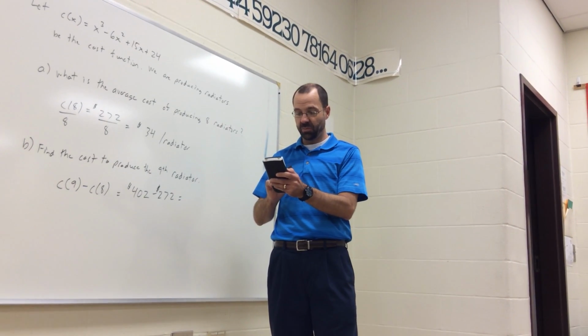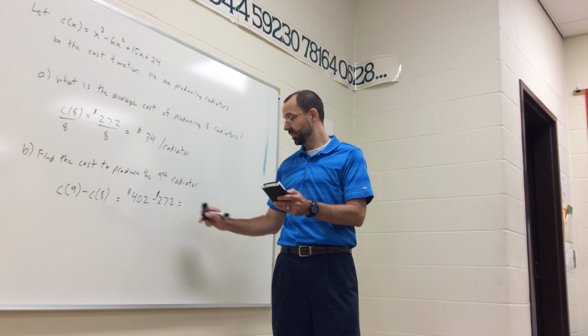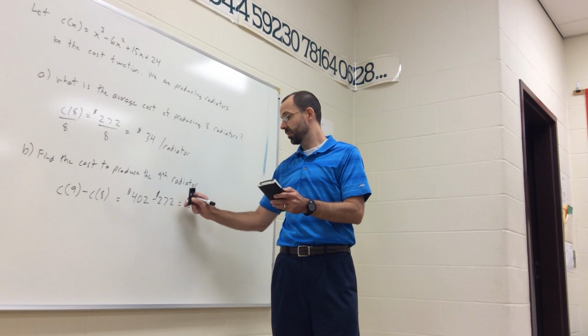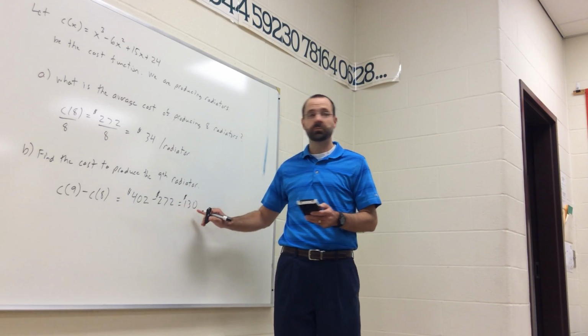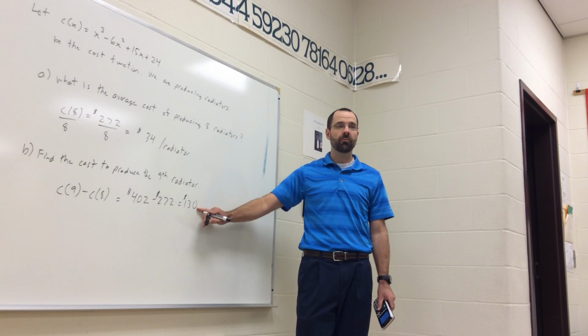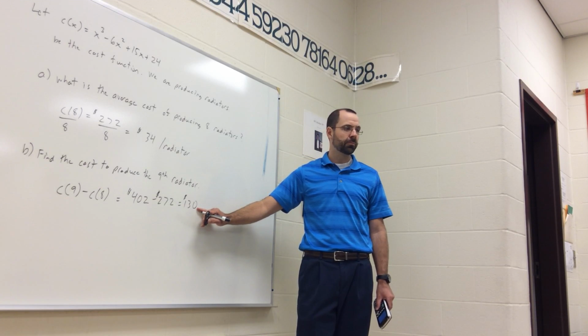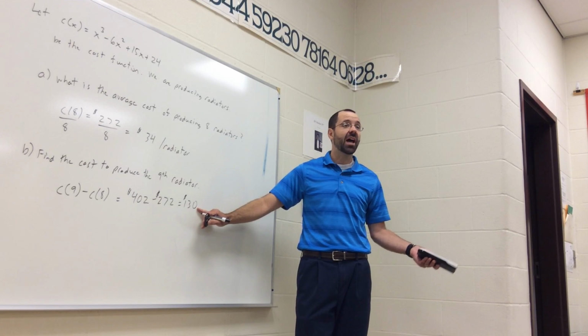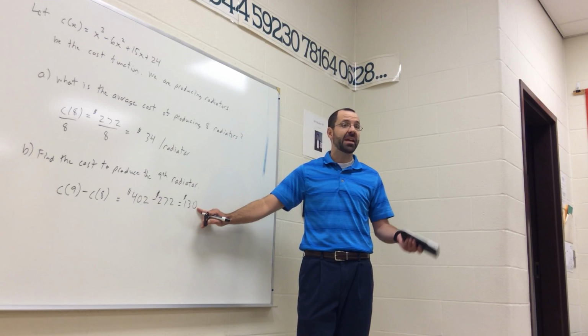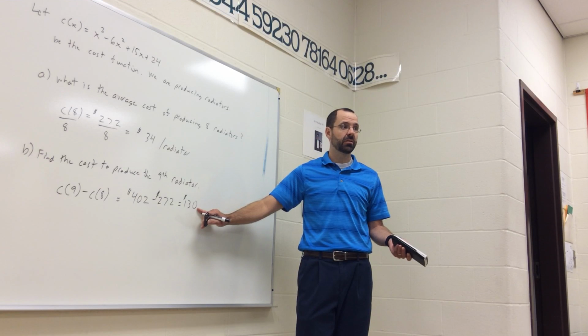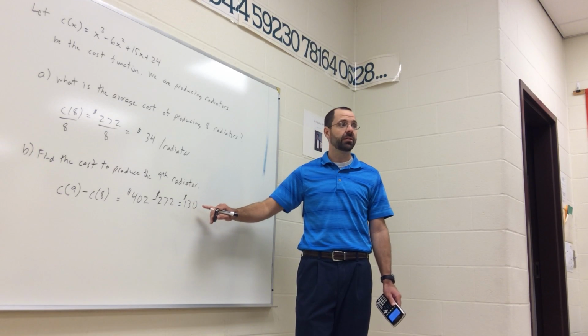So for some reason, this number 9 radiator is really expensive. I'm not sure what's going on with this company, but maybe you have an employee that can make 8 radiators in a day. And then you have to hire somebody new if you're going to make 9.